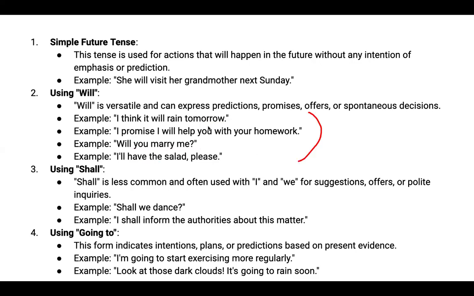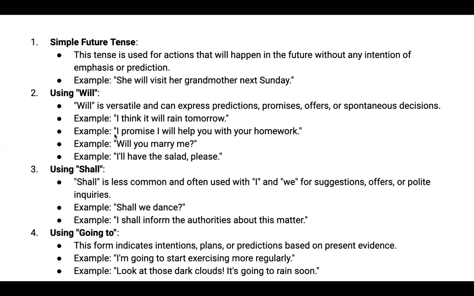Right. So in that case, what do you find? In the first one, I think it will rain tomorrow. If it is written that it will rain tomorrow, you can consider it a kind of emphasis or prediction, right? If it is raining outside, and you are saying to somebody it will rain tomorrow, it can be called a fact.